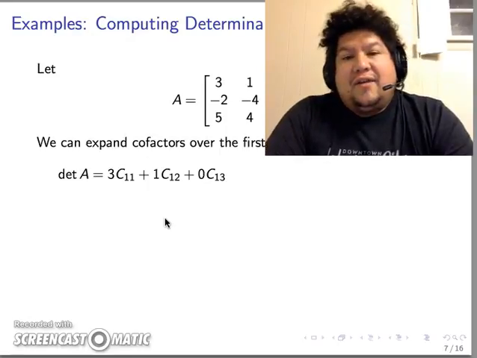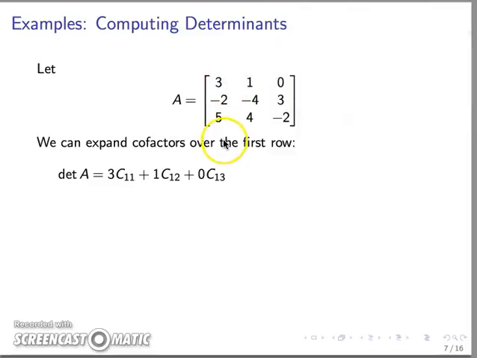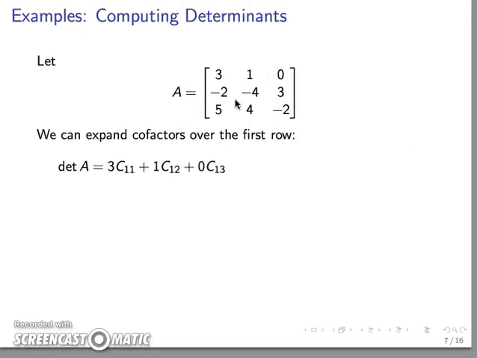And so we can visit some examples in how to apply this definition. Here is one example. We have a 3 by 3 matrix, and one thing to point out is that if we have a column or a row that contains zeros, we would like to choose to expand over that row. Here is an illustration of this definition. This cofactor is the cofactor for row 1 column 1, row 1 column 2, row 1 column 3.